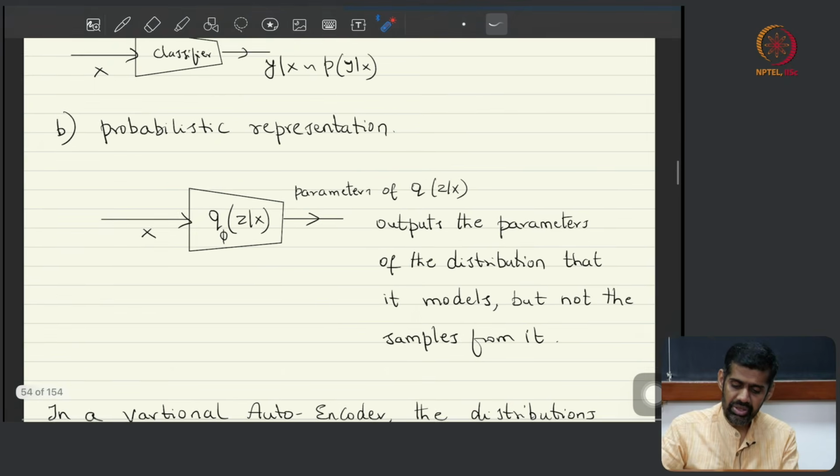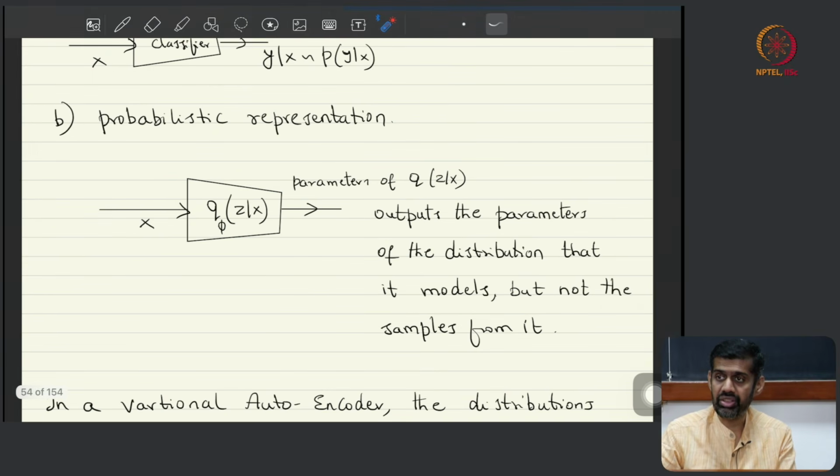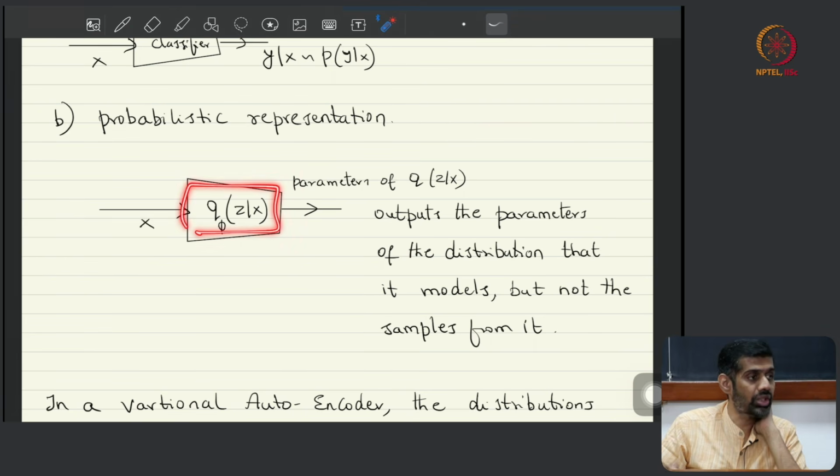That is one way to represent it. The other way to represent a probability distribution using neural networks is that the neural network gives you the parameters of the distribution that it is representing, not the samples of the distribution. You get what I am saying? Now let us say that I have a neural network that represents this distribution q of z given x. Now this neural network takes x as an input and outputs the parameters of the distribution q, not the samples of the distribution.